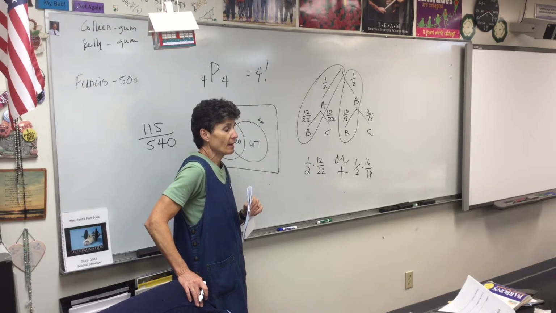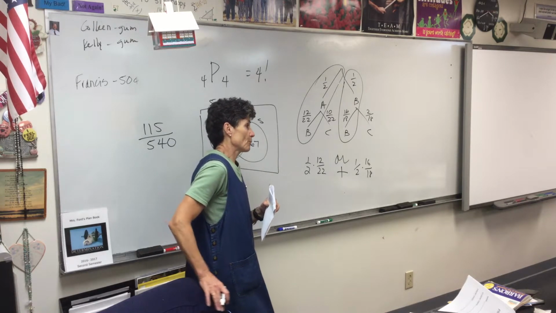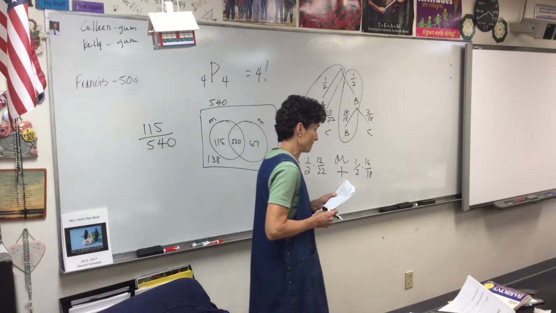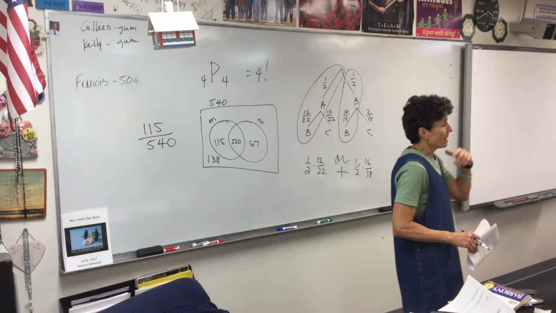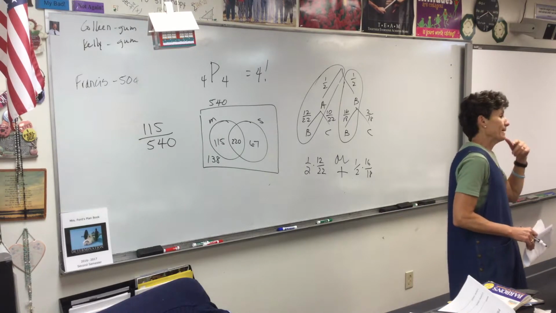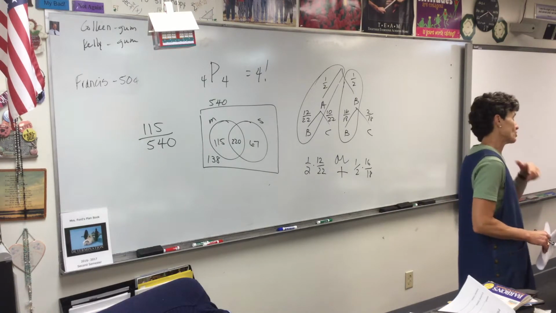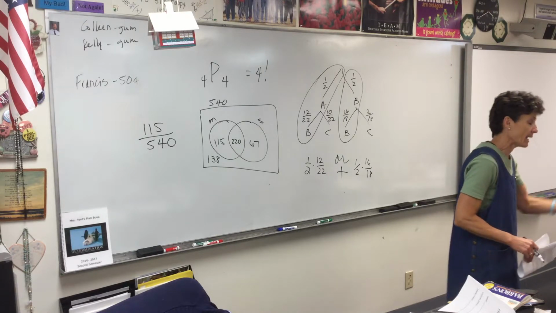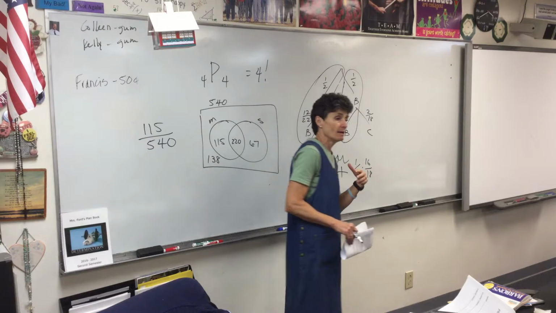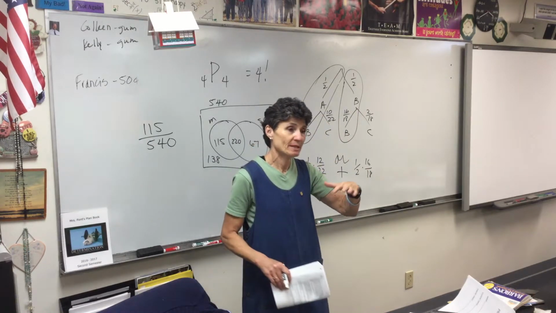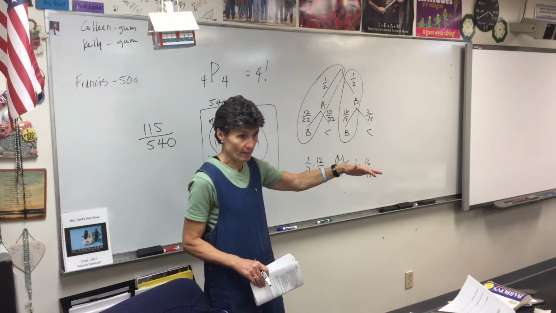Anytime you do any kind of repeated activity, like flipping a coin, rolling a die, having a baby, guessing on a test question, anytime you do an activity over and over again, where the probability of what's going to happen is not dependent on what's already happened.